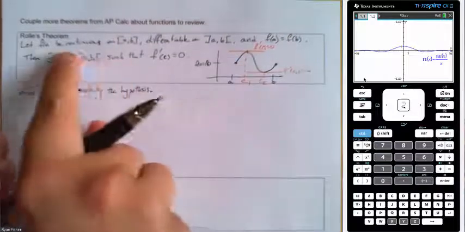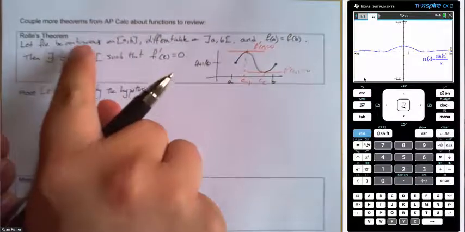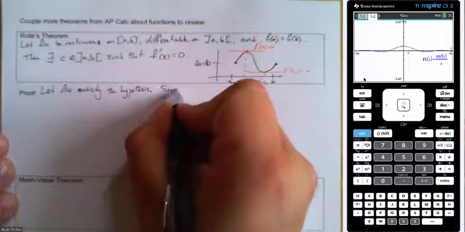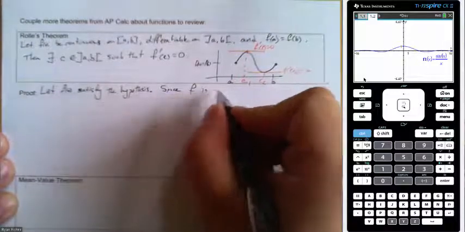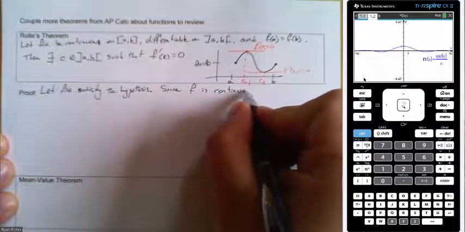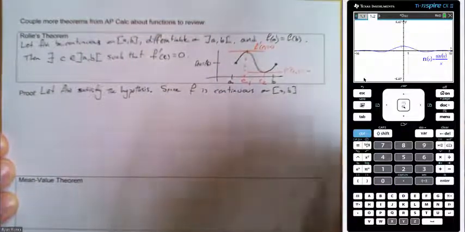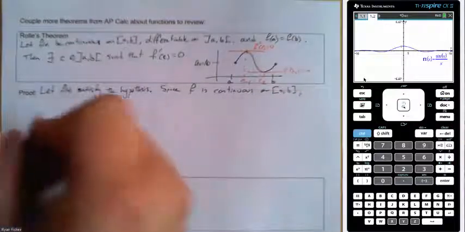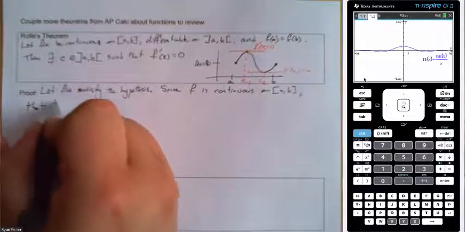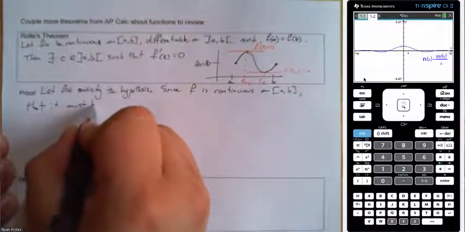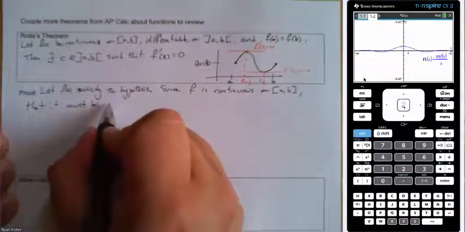What do these things mean? Well, we saw that since this function is continuous on this closed interval, it must be bounded, meaning it does not blow up to infinity.